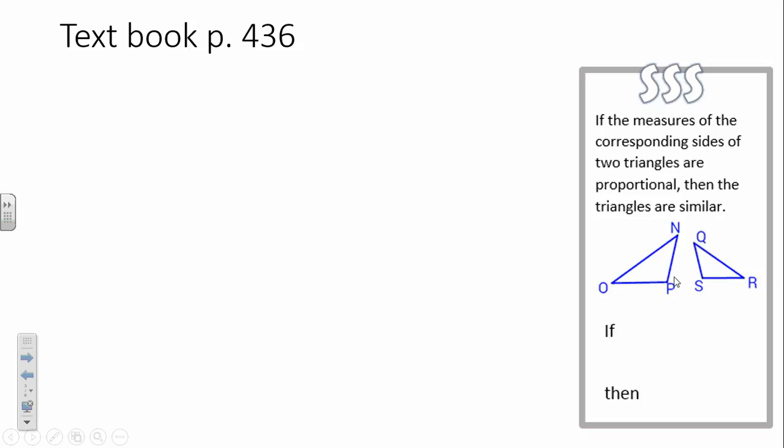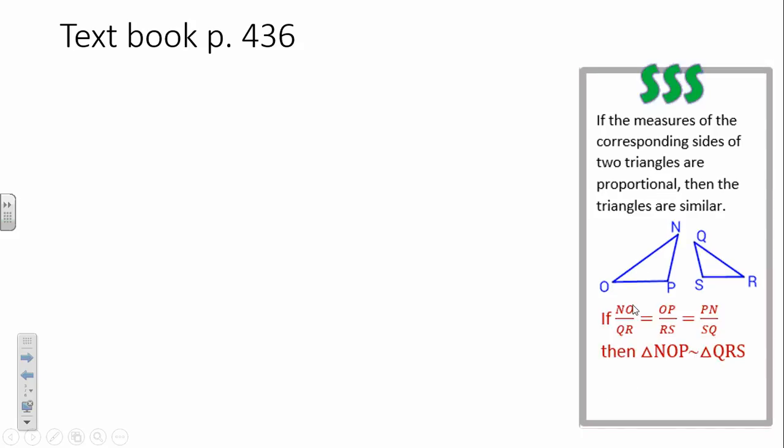So when I look at these two triangles, it appears that one is a reflection of another scaled down. So NO appears to be the proportional side with QR, and OP would be the proportional side with RS, and NP would be the proportional side with QS. So our statement of proportionality would say that if NO over QR is equal to OP over RS, and that's equal to NP over SQ, then those triangles will be similar.